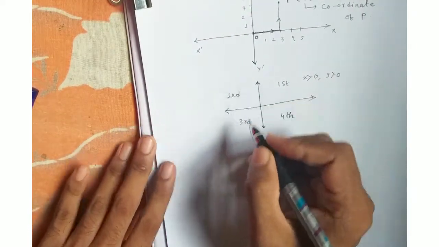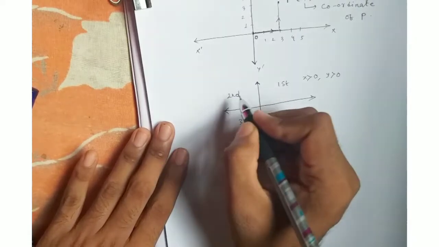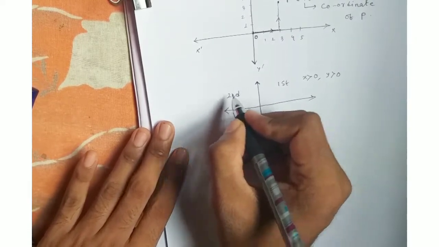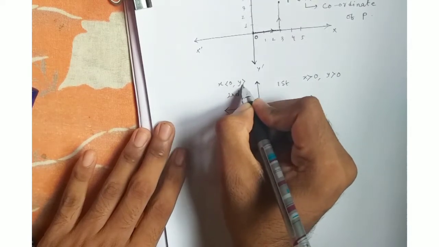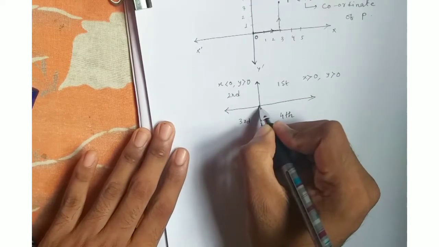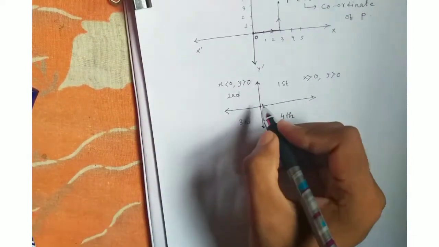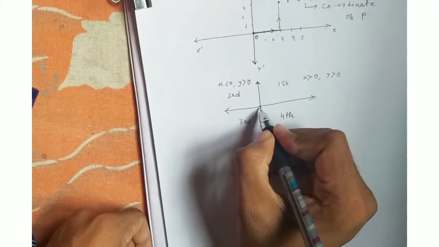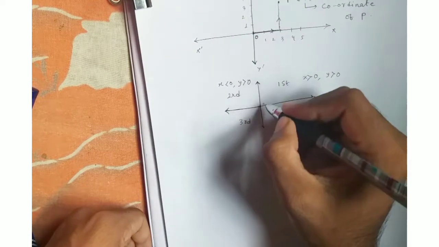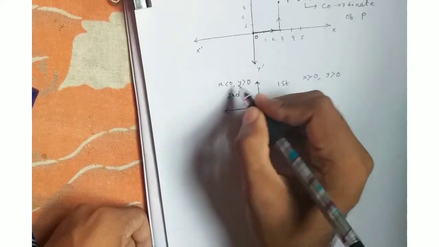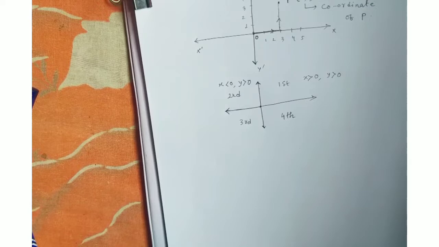All the points in the second quadrant have coordinates x less than 0 and y greater than 0, because any point in the second quadrant has its abscissa in the negative direction of the x-axis and its ordinate in the positive direction of the y-axis. So it is x less than 0 and y greater than 0.